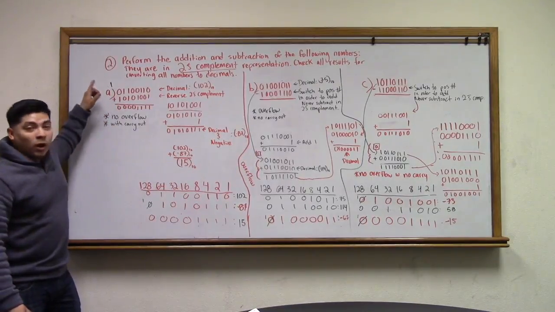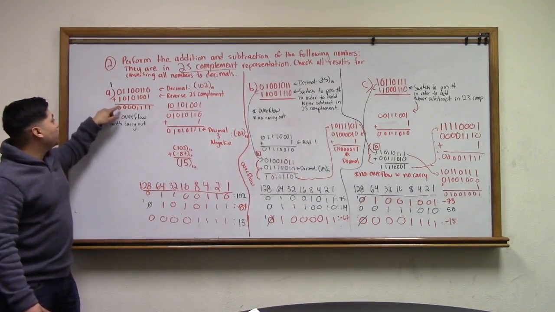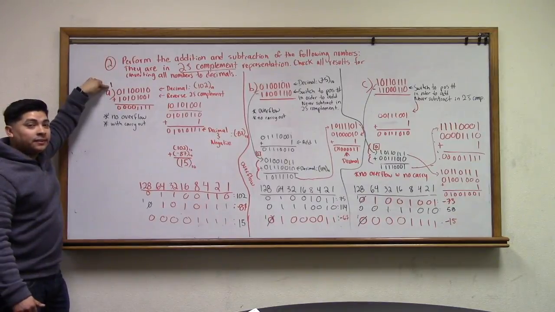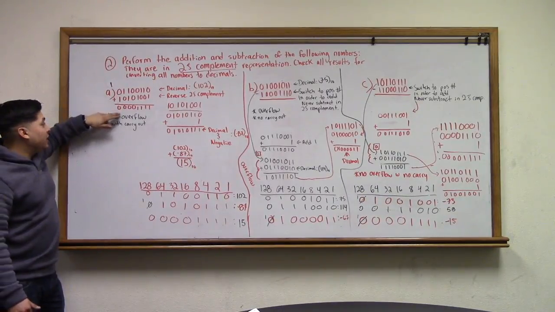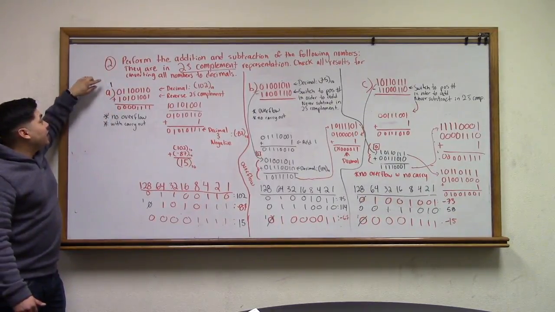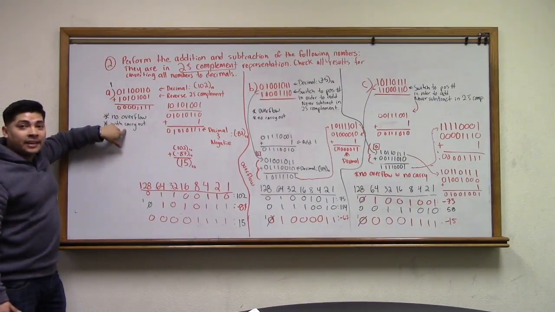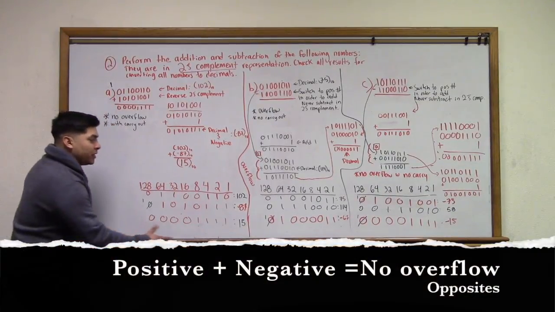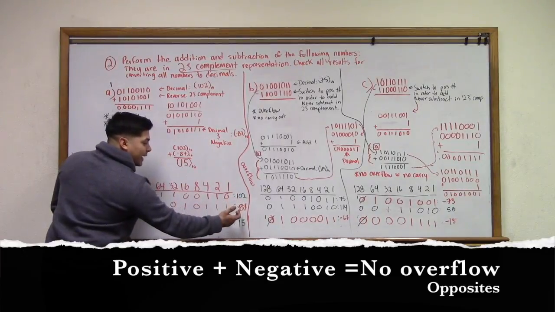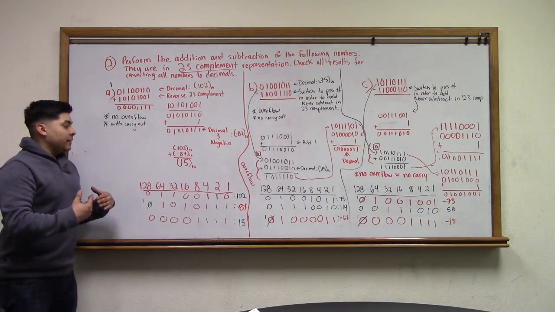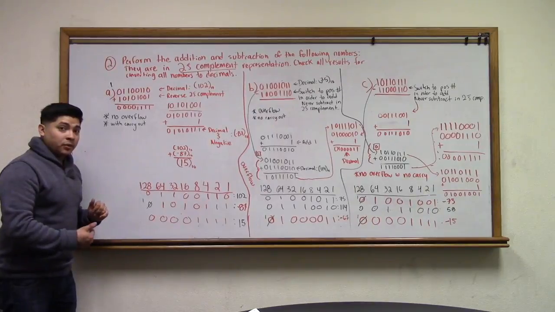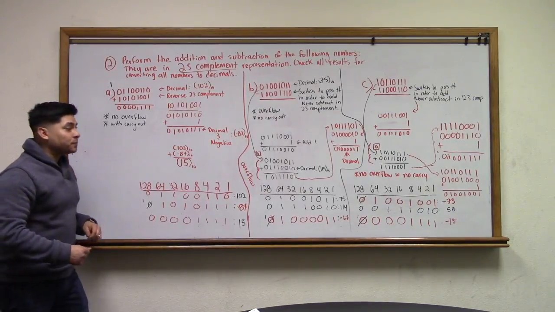Now, while we were adding, there was an excess of 1 that was discarded and not included in the final answer, and this has a carryout. Now, because we are adding a positive and a negative, because they're opposite, there is no overflow.